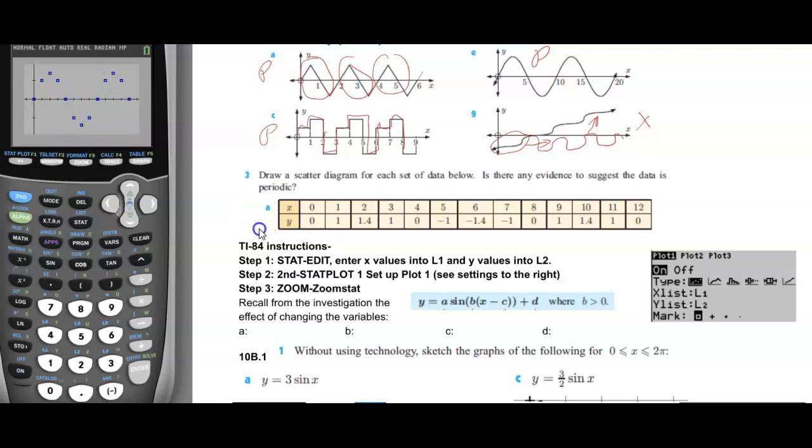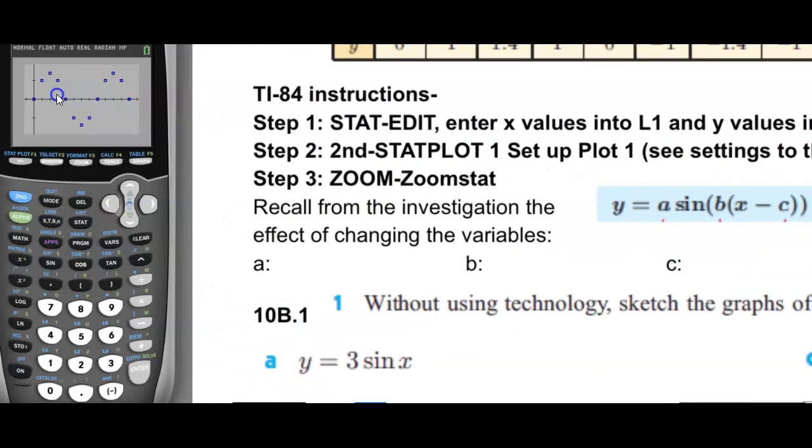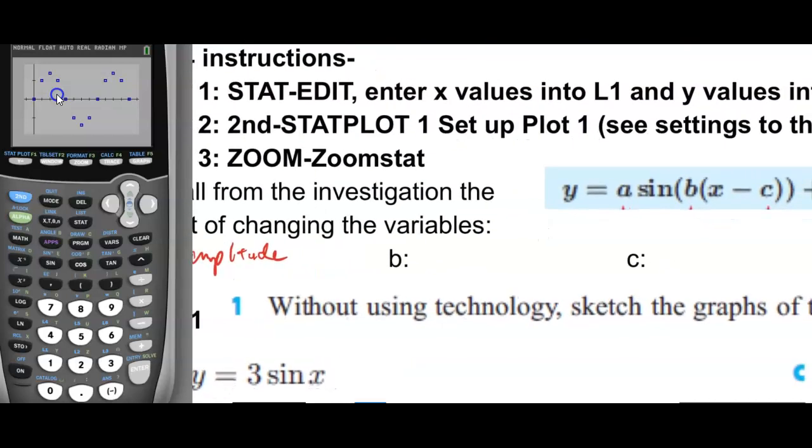All right, now we're going to talk about the investigation. In the investigation, we talked about what the roles of A, B, C, and D are when we model data like this. So A, of course, is the amplitude, the height from the middle to the top or the middle to the bottom of the curve.